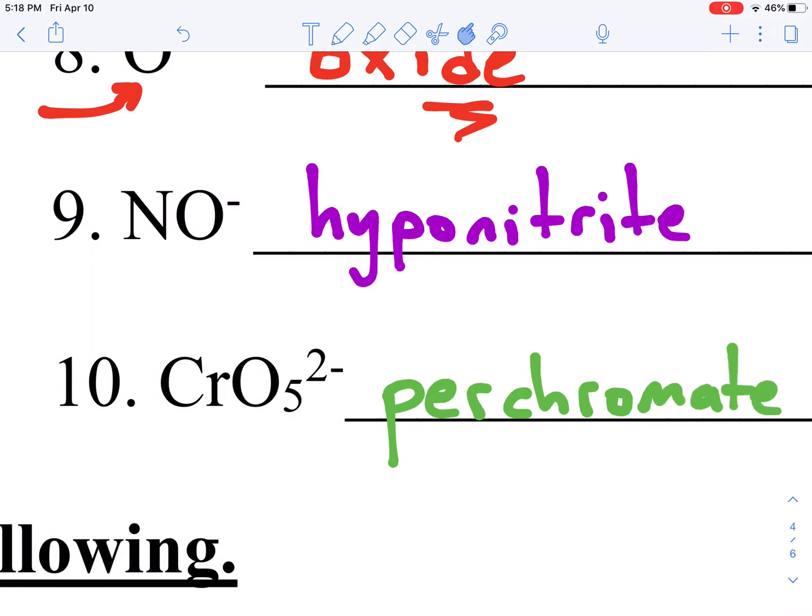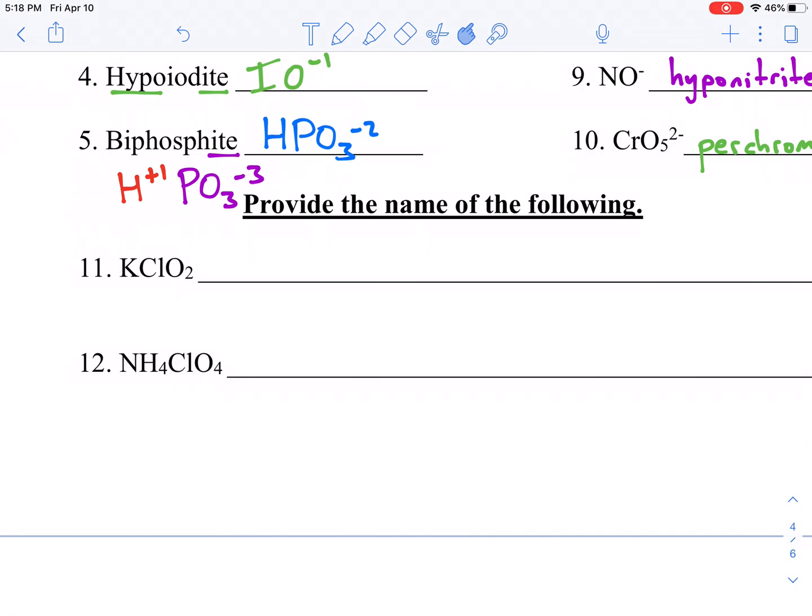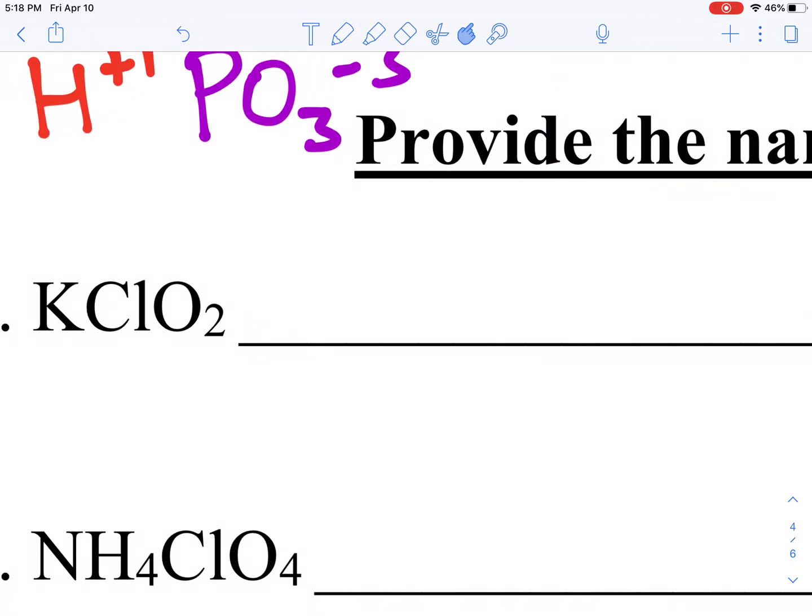And finally, we can use these new rules in naming. So let's look at two examples, KClO2. Well, let's remember the order that we do things, right? First, we need to name our anion. So ClO2 looks a lot like the polyatomic ion ClO3, which is on our list. ClO3 is chlorate.